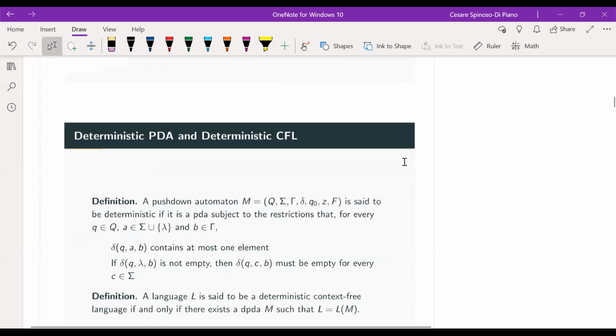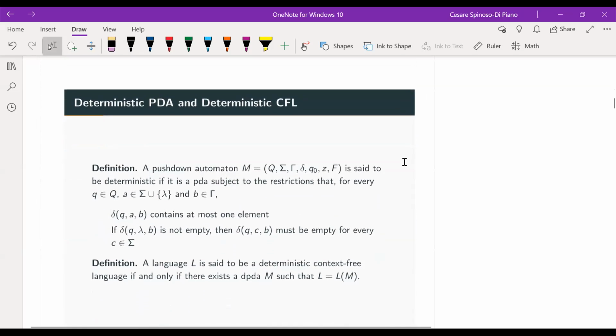So what's the idea here? The idea here is just like in FAs. So in FAs we had DFAs and NFAs, where if you might remember, in a DFA for every state that you had, you would have exactly the cardinality of your alphabet number of transitions.